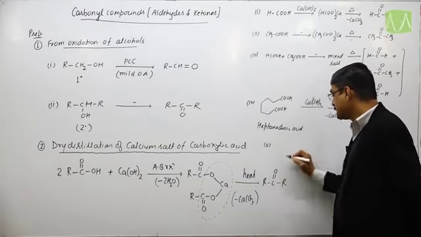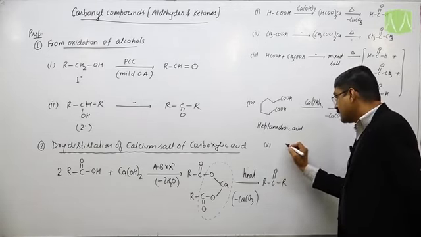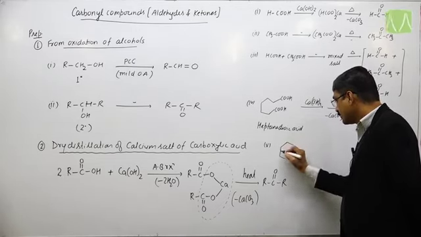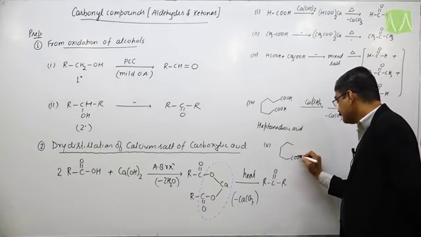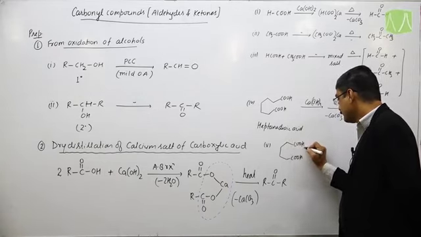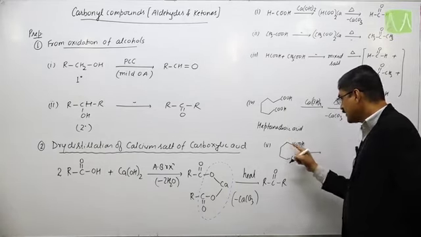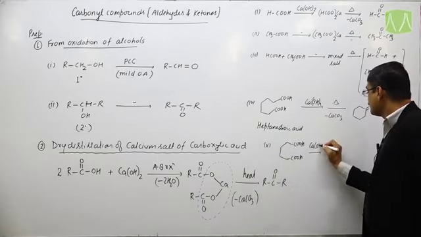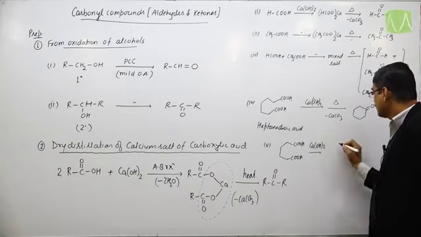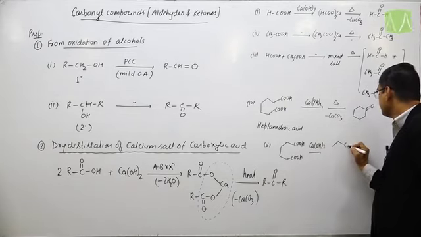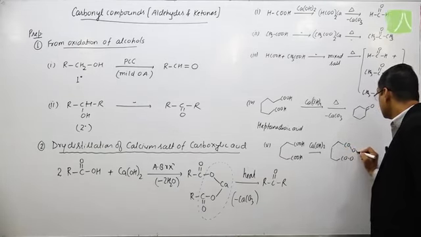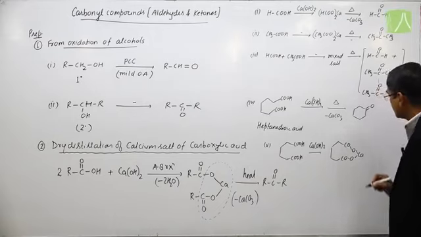Suppose I take adipic acid. 1, 2, 3, 4, 5, 6. On reaction with calcium hydroxide, we get the salt like this.